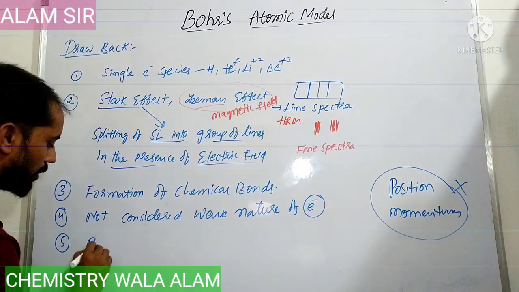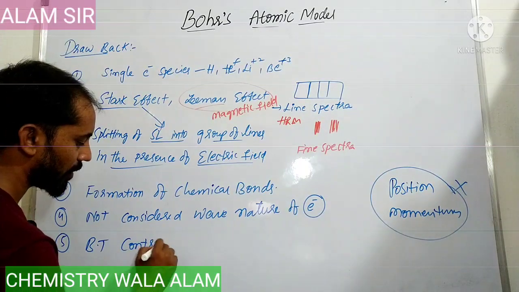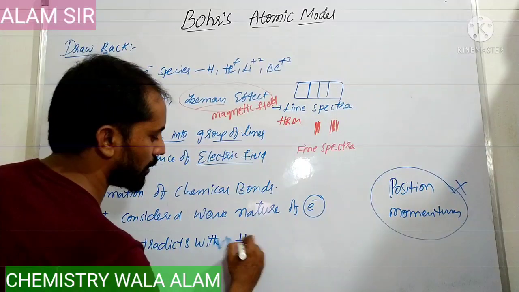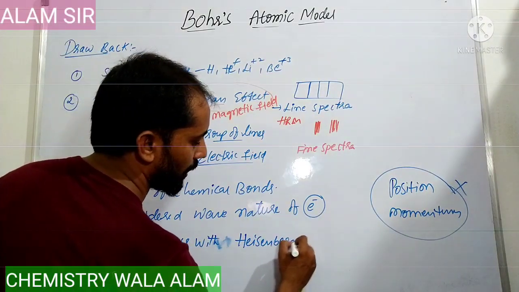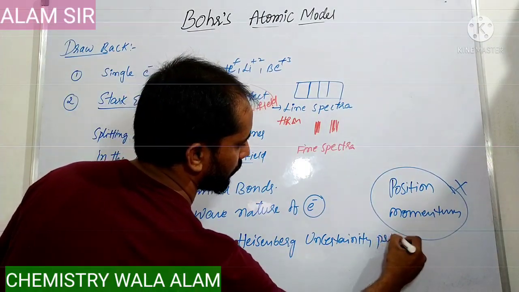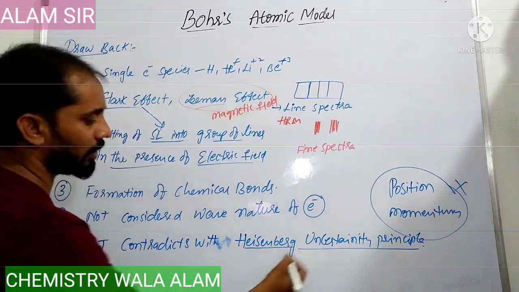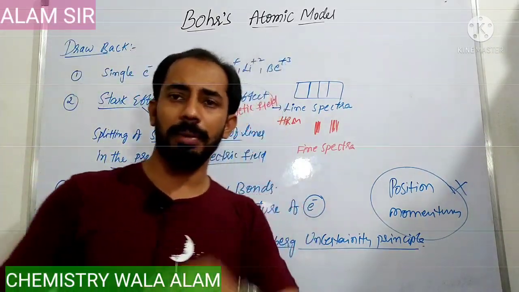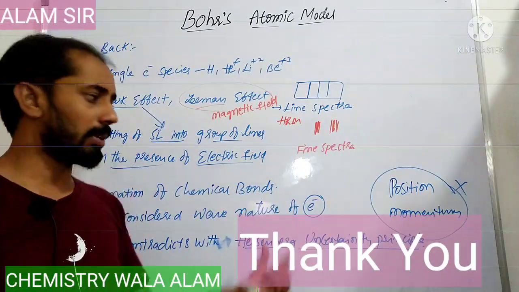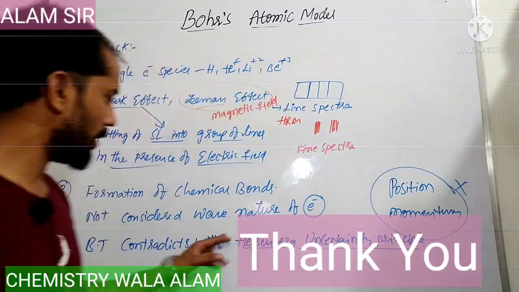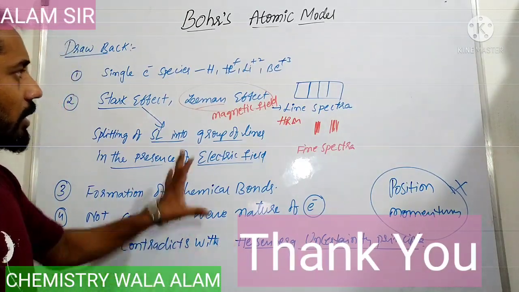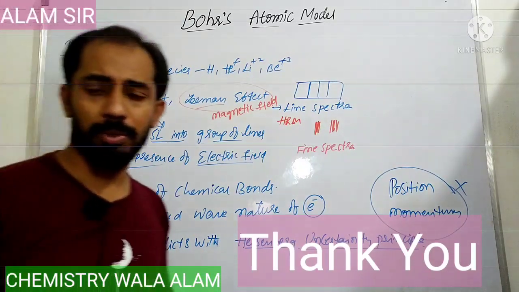That means Bohr's theory contradicts the Heisenberg uncertainty principle, and also de Broglie's wave nature. So these are the main drawbacks of Bohr's atomic model.